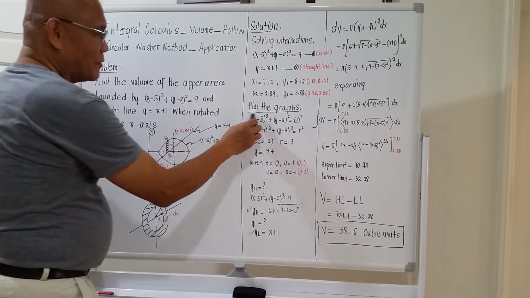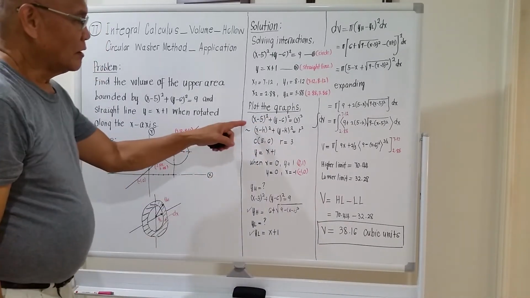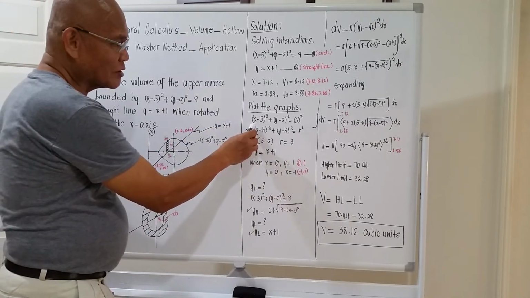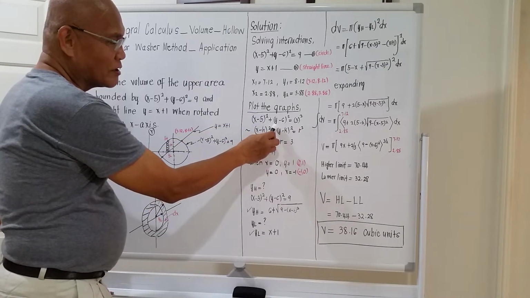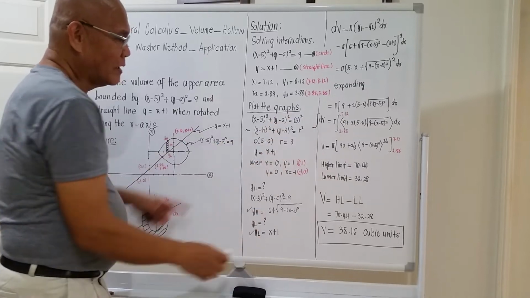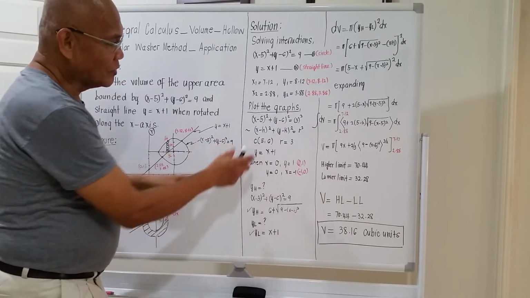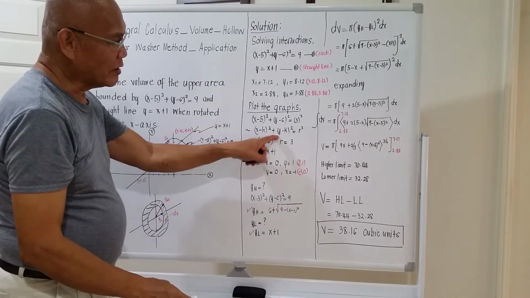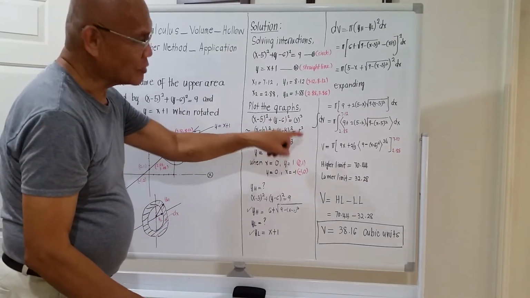If we plot the graphs, we will bring out the first equation: (x minus 5) squared plus (y minus 6) squared equals 3 squared. This is similar to the form (x minus h) squared plus (y minus k) squared equals r squared.